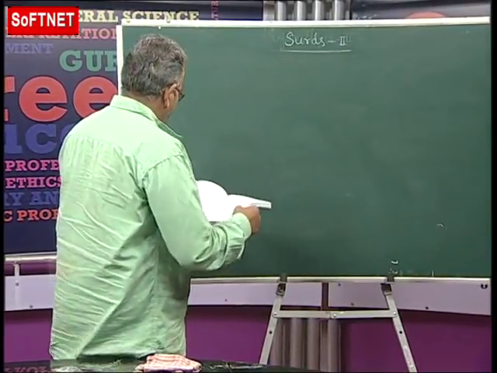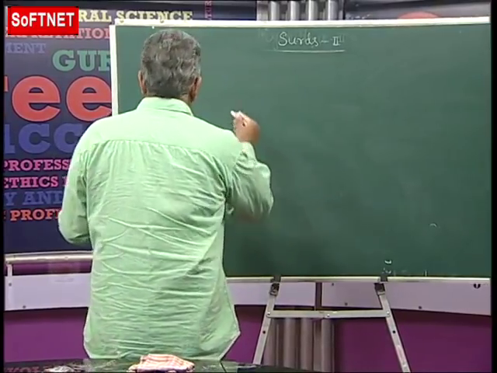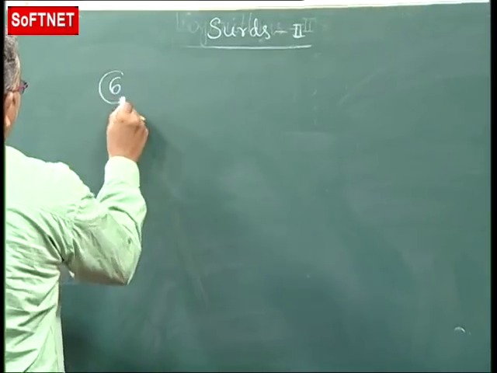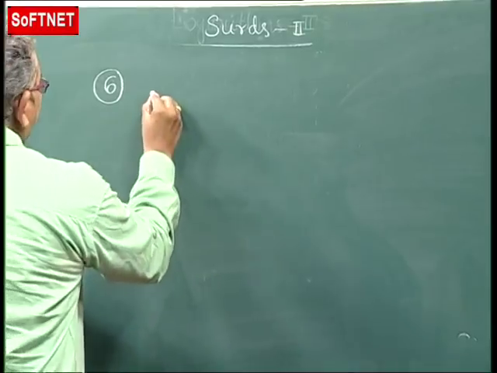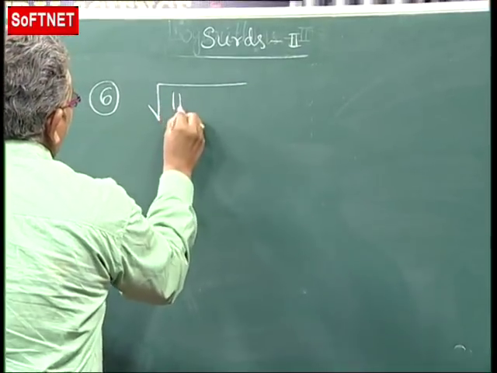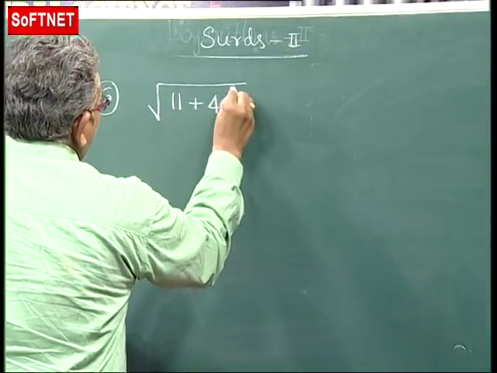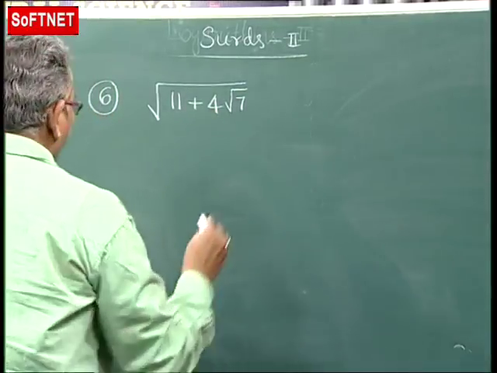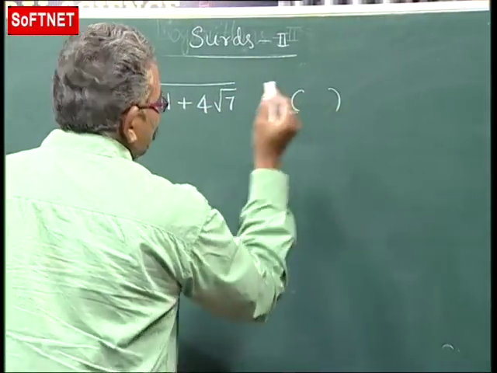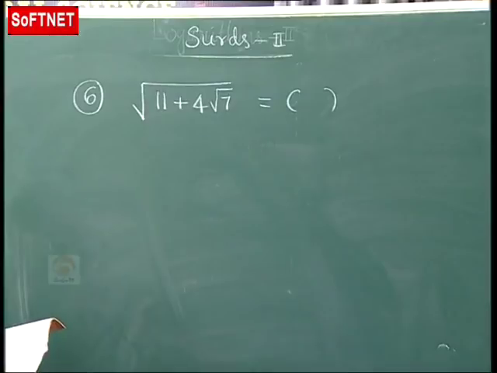Now sixth one. Square root of 11 plus 4 root 7 equals to, okay.